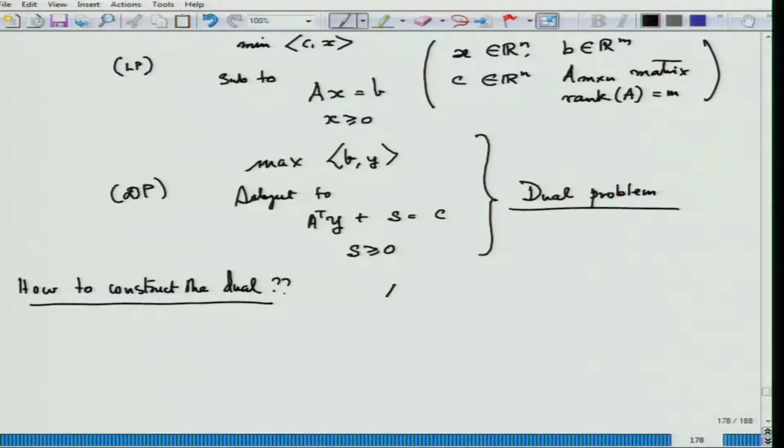Now, you have Ax equal to b. It does not matter if I multiply with an element, multiply meaning taking inner product. So, this is always true for every y.